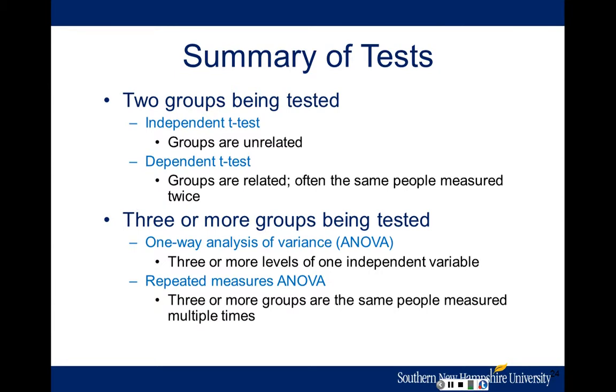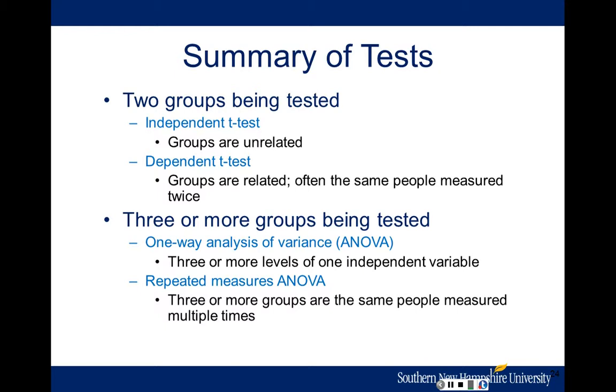You're going to do a t-test for each outcome variable that was measured. If the groups are unrelated, it's going to be an independent t-test. If the groups are related, whether it's under 2 different conditions or the same people being measured and remeasured, for example, if the comparison is baseline compared to a follow-up score, that's a dependent t-test.